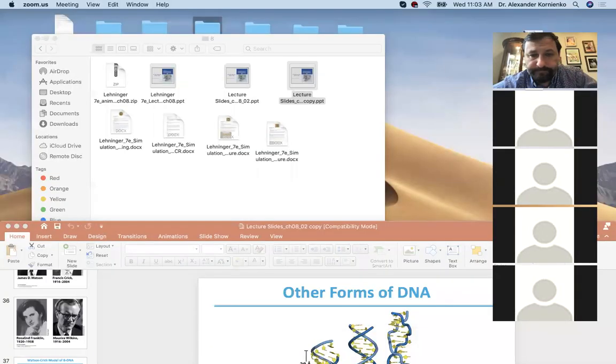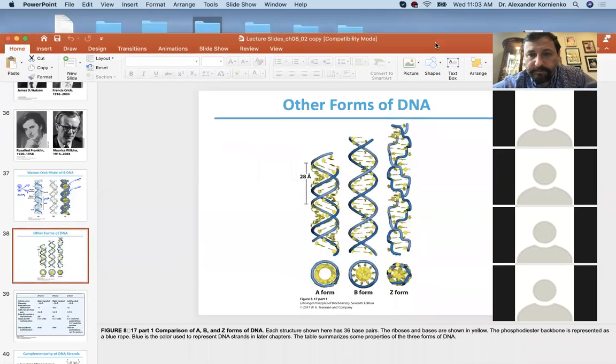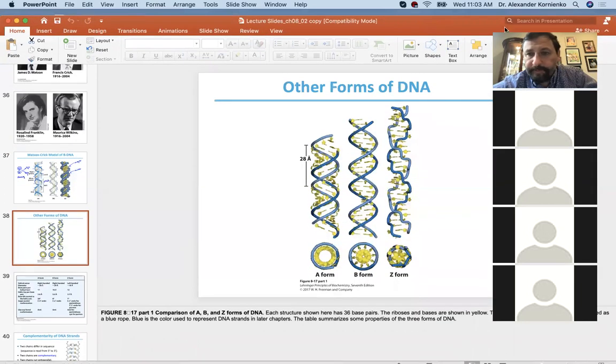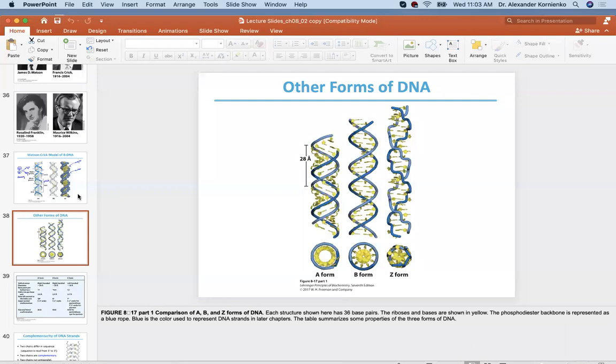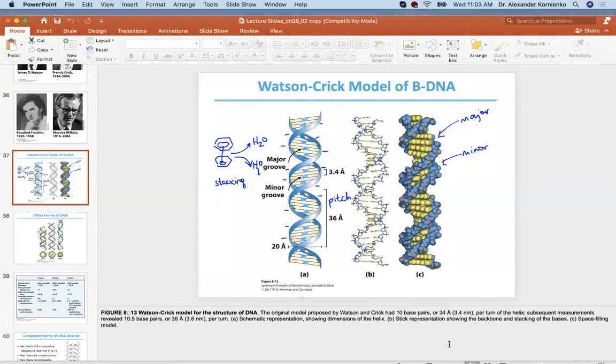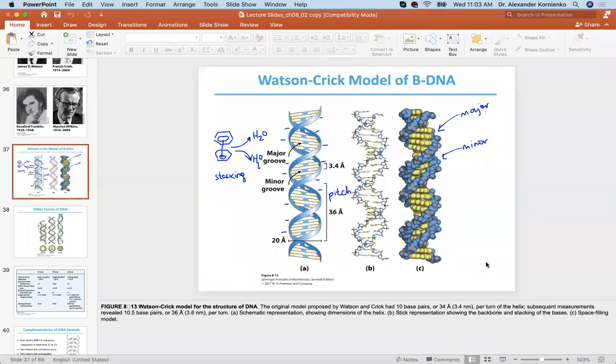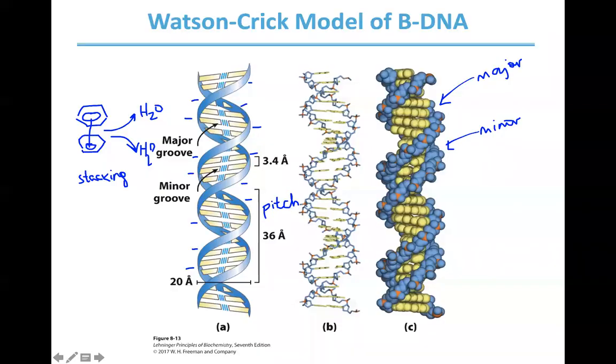All right, let's get to the material. So we talked about double-stranded DNA last time. The discovery of double-stranded DNA, two grooves, major groove, minor groove.